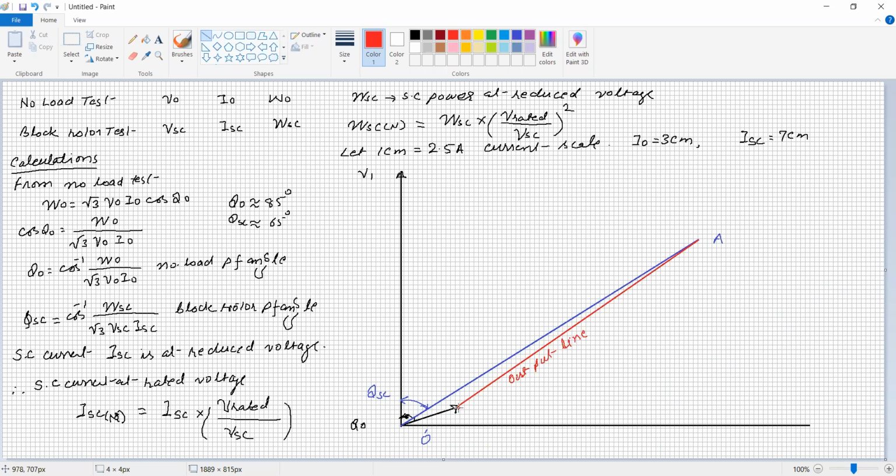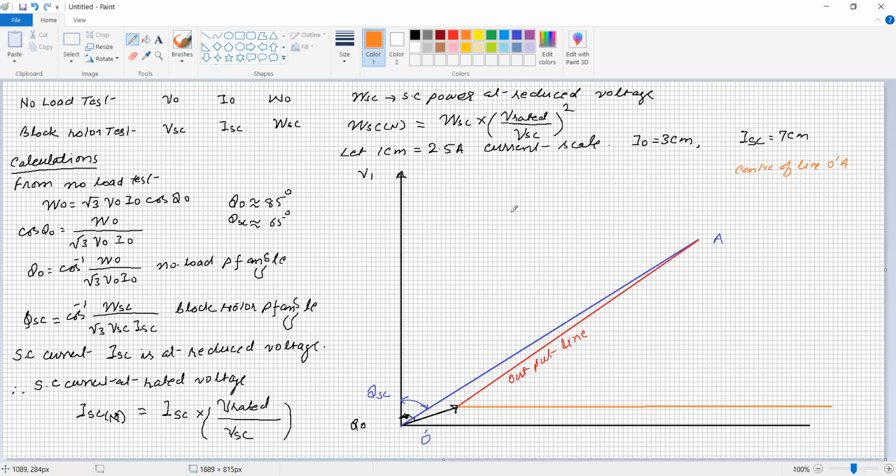Now find the center of line O dash A, either by the bisection method or by measuring the center of the line.